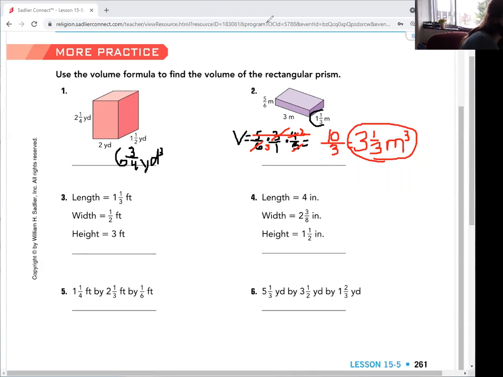I'm hearing some people in the room asking me, why did I cross out the 4 and the 6? So let me just backtrack a tiny bit here. I understand the 6 and 3, but I don't understand 4. So notice here, the 3 can reduce with the 3, or you could have done the 3 with the 6, because they both share common factors, but you can't go like 3 ways.